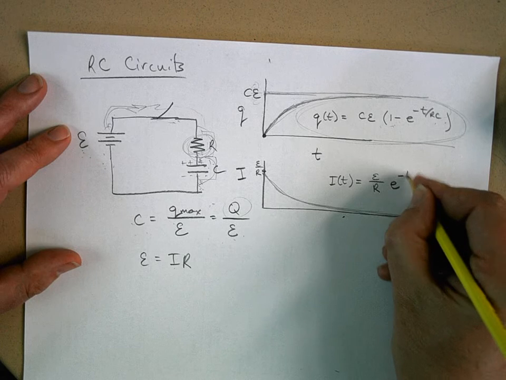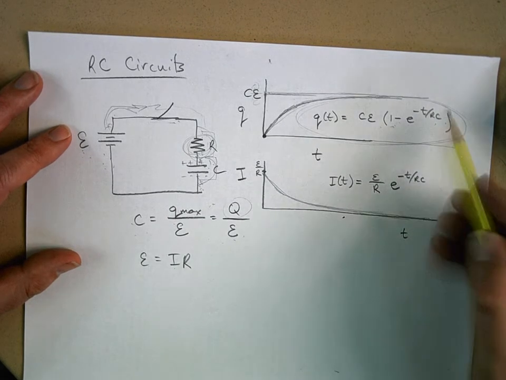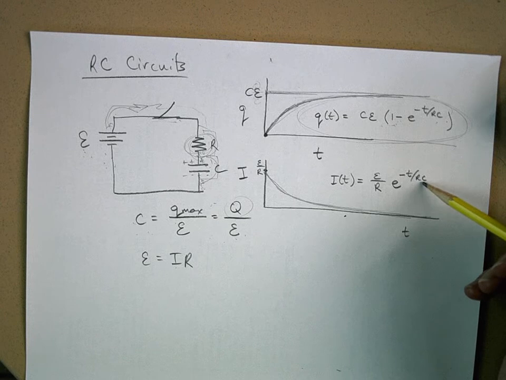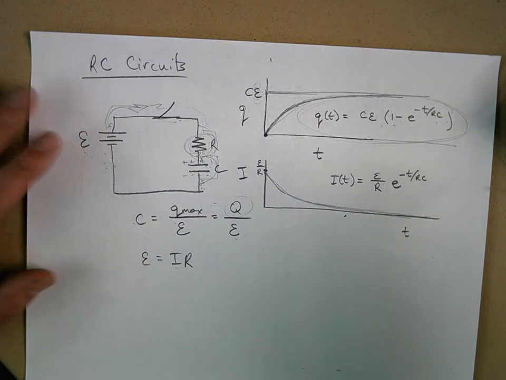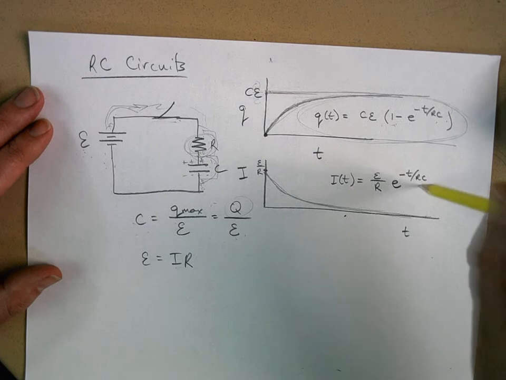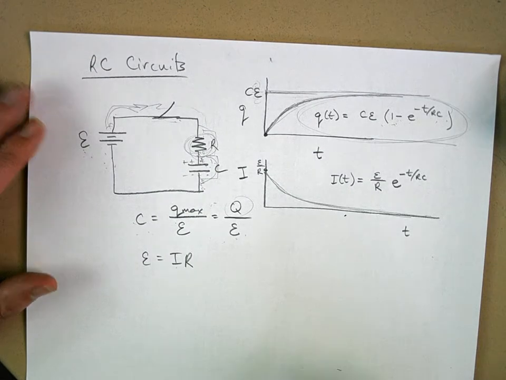Now we derived this, but I'm not going to derive it here. Go back and watch that video on the derivation. But I want you to be able to see how the equation has to match the graph. Okay? Now you should know how to solve for time.